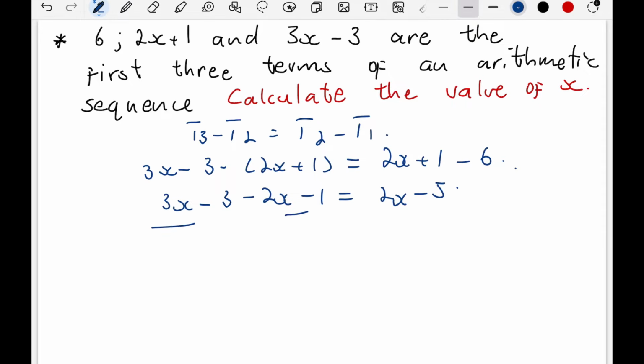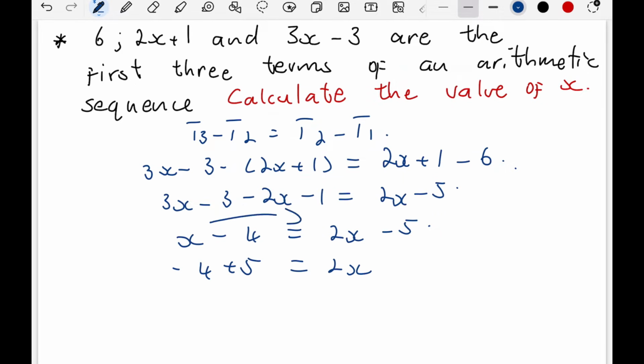Now, 3x minus 2x is x, while negative 3 minus 1 is negative 4. So x minus 4 is equal to 2x minus 5. I'm going to make my life easier and move this negative 5 to the other side to become positive 5. Then move this x to the other side to become negative x. So we can see that therefore x is just 1.